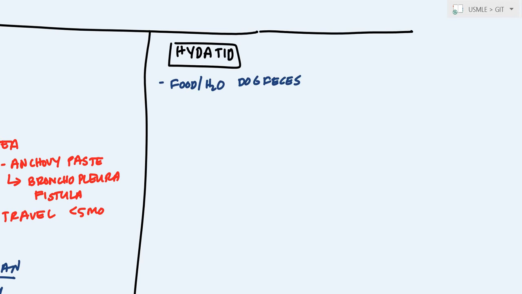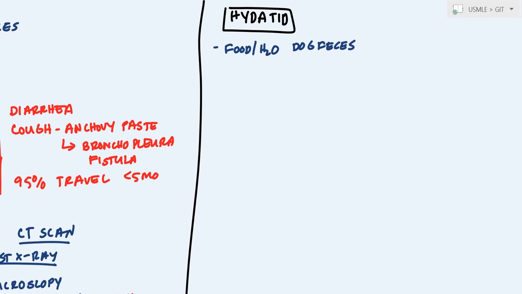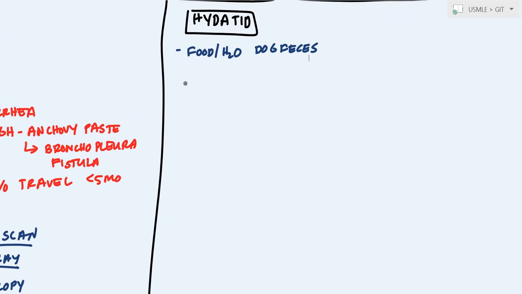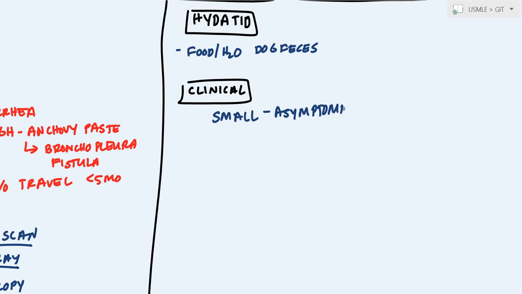And clinically, what do we get? Now, these can come in all different shapes and sizes. If it's really small, it's usually asymptomatic, but usually once it gets to 5 centimeters, you will start to see symptoms.